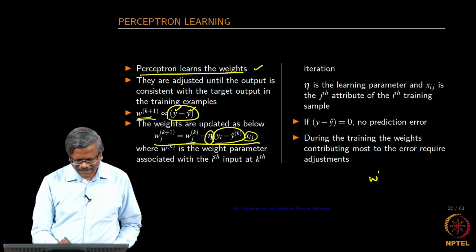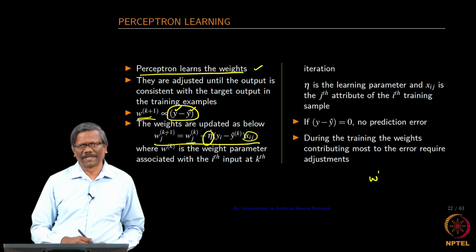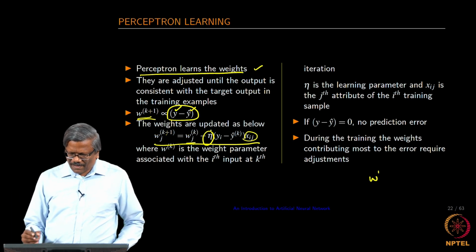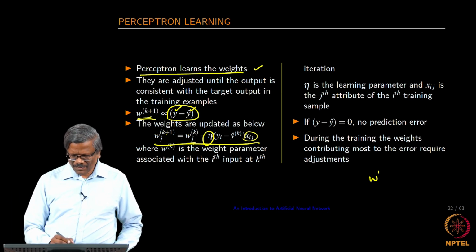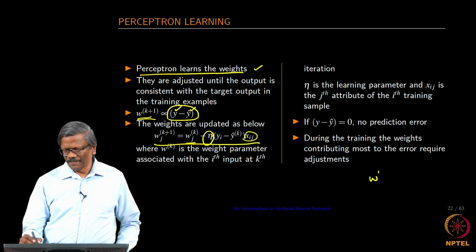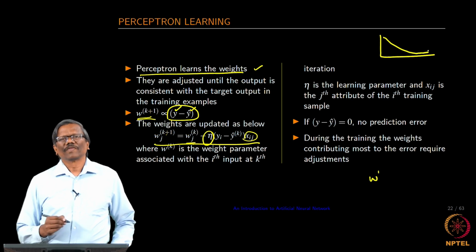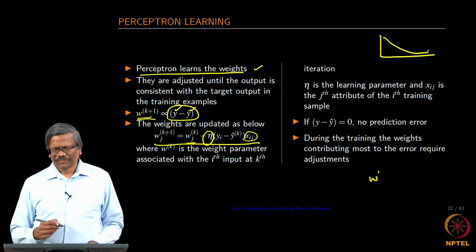Okay. The parameter that we have here is called the learning parameter. The eta is the learning parameter, and it is adjusted to actually help you discern.